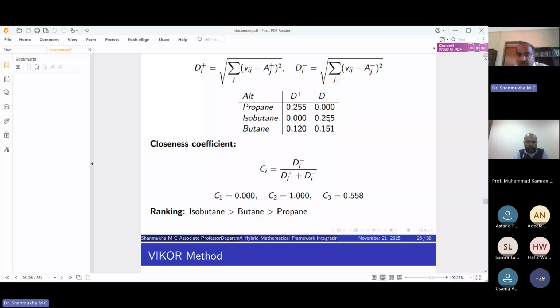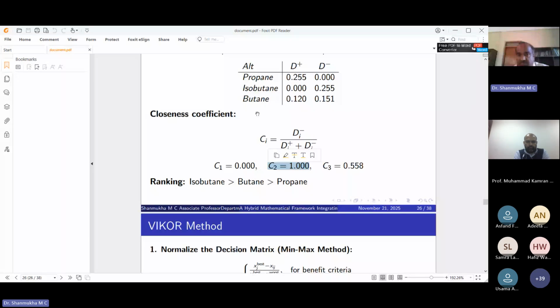So for isobutane the value is equal to 1. Then finally we move on to the butane structure. Di minus 0.151 upon Di plus 0.120 plus Di minus 0.151. On simplification, C3 is equal to 0.558 for the butane structure.